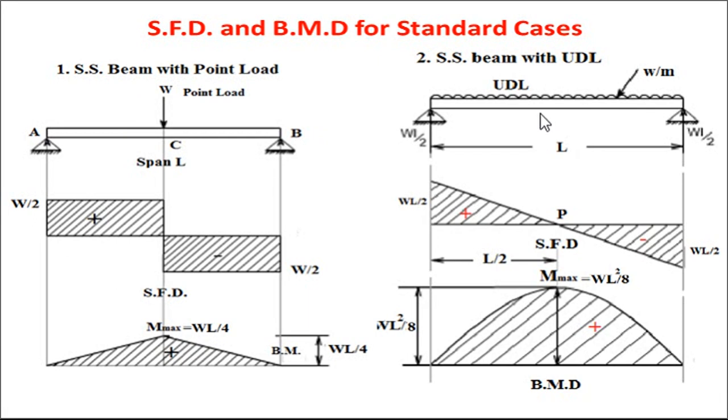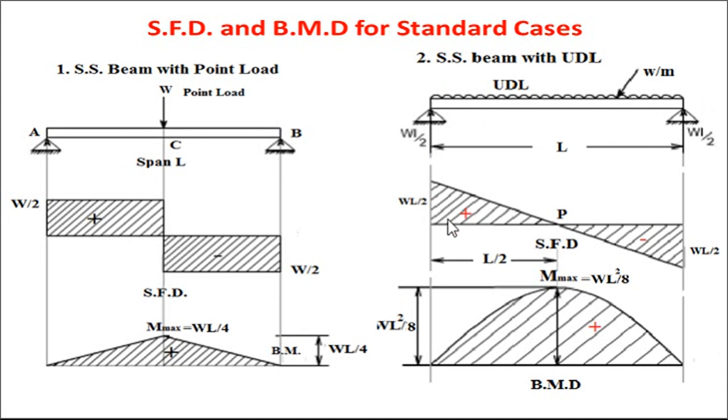Similarly, for UDL, when the entire beam is loaded with UDL of intensity W, over the span the total load will be W into L. That load will be divided in half, so the reactions are WL by 2 and WL by 2.